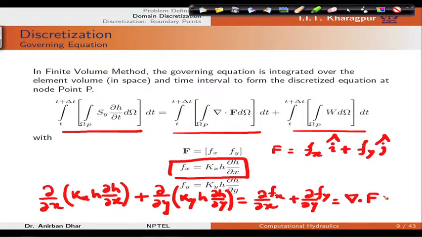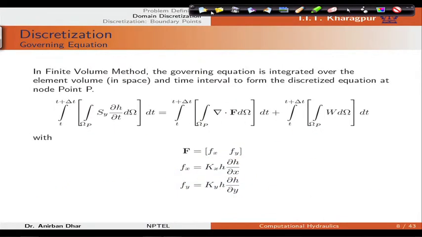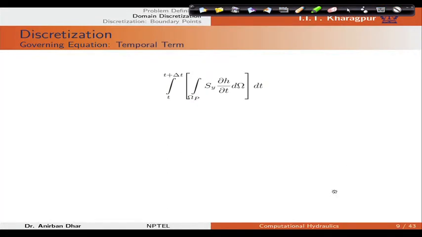Now, if we write it in terms of divergence of f, again we can utilize the Gauss divergence theorem for the first term on the right hand side, and we can use integration concepts for the other terms to get the final discretization. Now, the first term on the left hand side is Sy del h by del t.